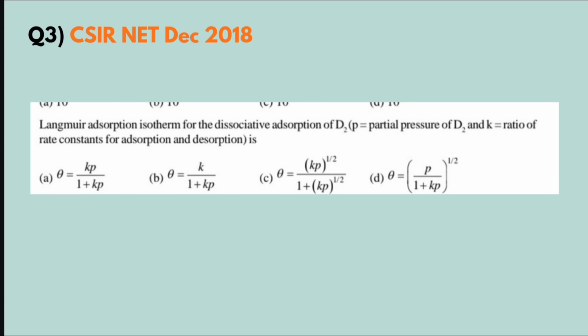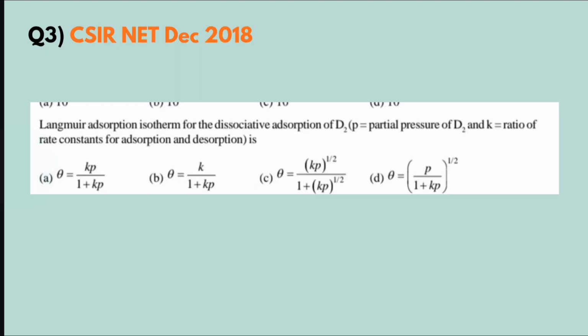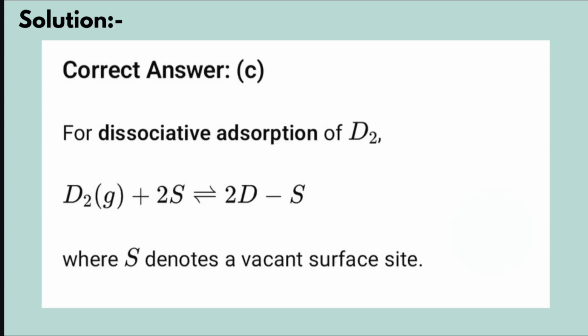Now let's see the solution. In this question, the correct answer is option C. Theta is equal to (Kp) to the power half divided by 1 plus (Kp) to the power half. Now we'll see the solution. For dissociative adsorption of D2 gas: D2 plus 2S gives rise to 2D-S, where S denotes a vacant surface site.